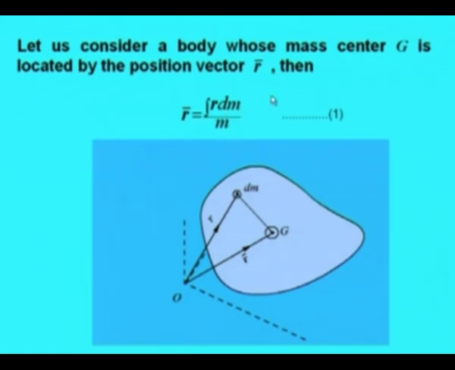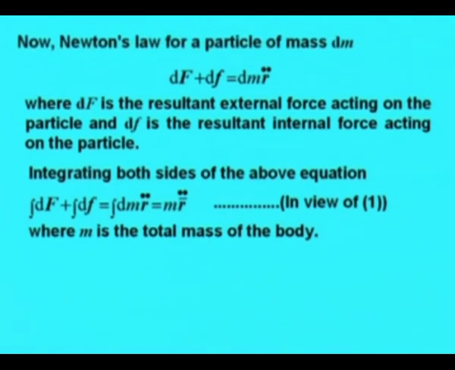This is the equation of the mass center, which we have integrated. This is based on the continuum hypothesis. We assume that the whole body is a continuum, with no voids between the particles. That is our assumption, and we have been able to integrate.